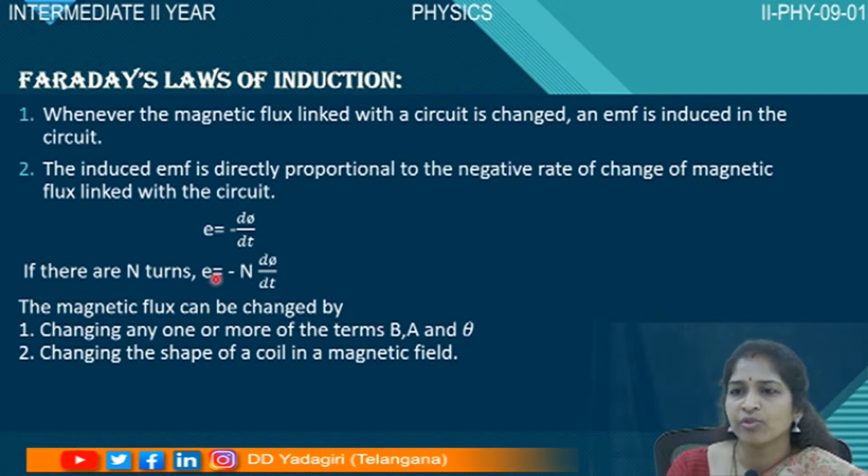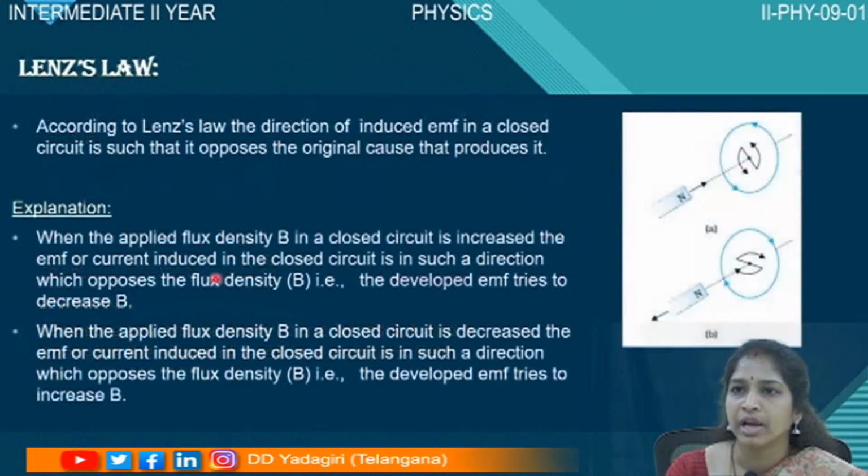The direction of induced EMF according to Lenz law is, it opposes the original cause that produces it. If you simply read the statement, we can't understand anything. Actually here what they are saying is, it opposes the original cause that produces it.